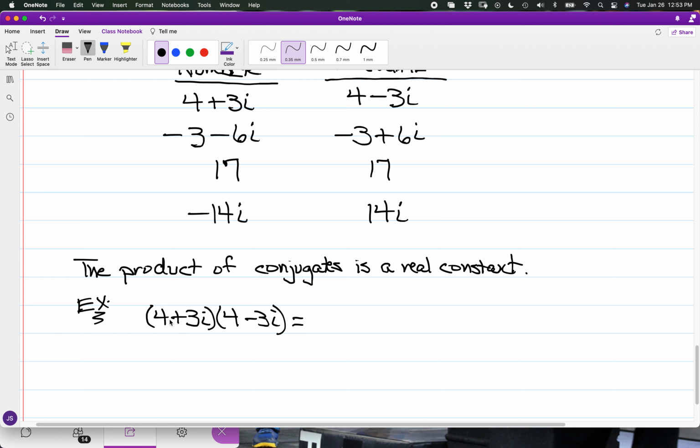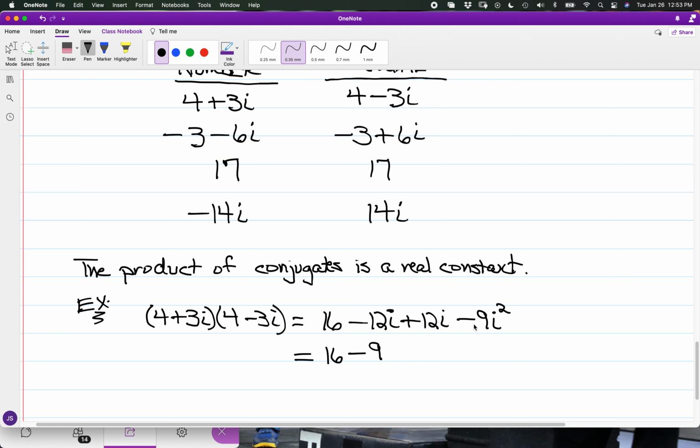If I take the products and FOIL out, you have 4 times 4 is 16, negative 12i for the outside product, positive 12i for the inside product. And the last product, we have negative 9 times i squared. Negative 12i and 12i cancel each other out.